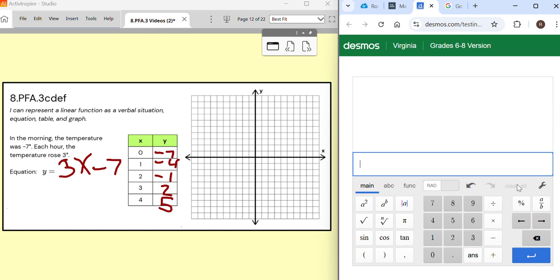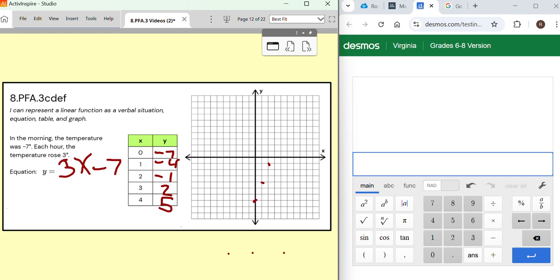Once you have that table, then we can graph the points on a graph. So 0, -7. So 1, 2, 3, 4, 5, 6, 7. 0, -7 would be my y-intercept. Then we have 1, -4. 1, 2, 3, 4. It's my next point. And then a 2, -1.